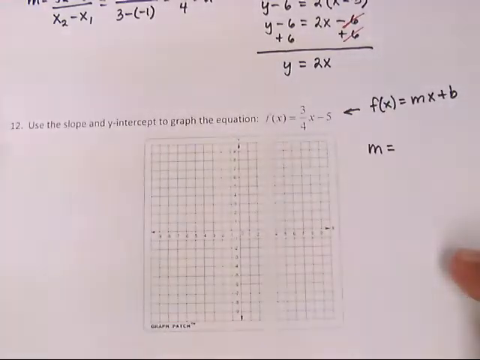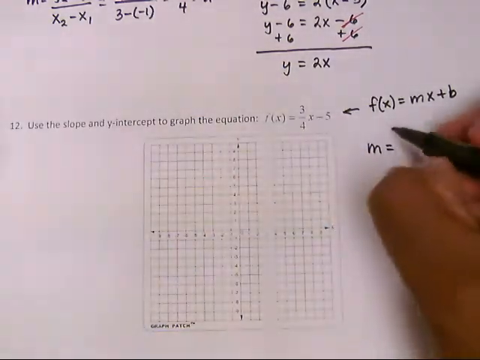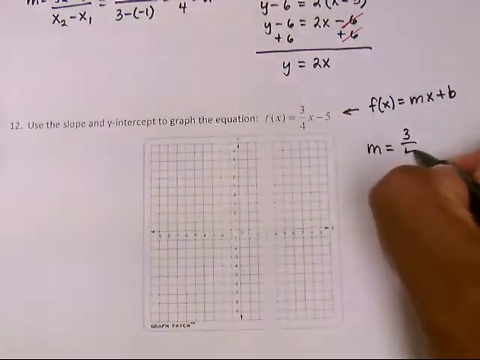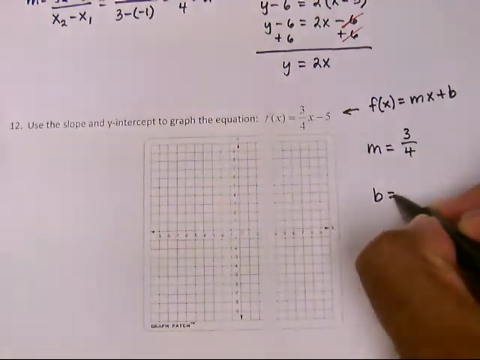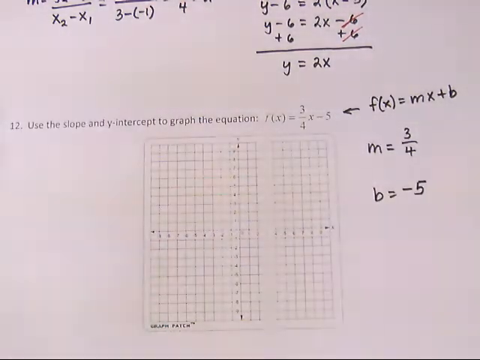Your slope is going to be the coefficient of your x term. In this case, that's 3/4. The b is the constant. That's the -5. That's the number added to or subtracted from your linear term.